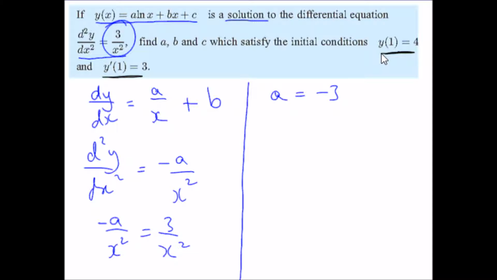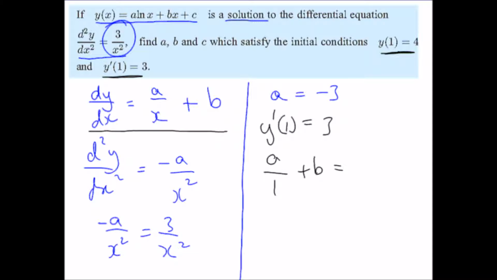So if I've got y dash of 1 equals 3, that means if I were to replace 1 for x in here, I would have a divided by 1 plus b must equal, and that is y dash, which equals 3. I know a, however, is -3. So I'll get b must equal 6.